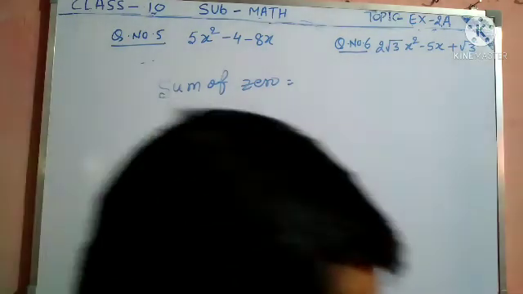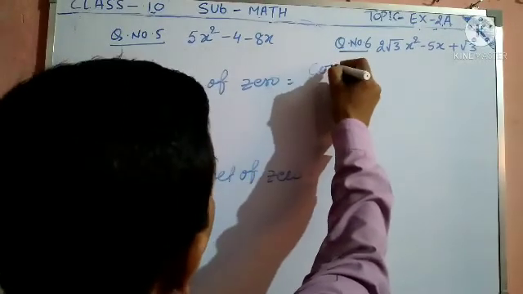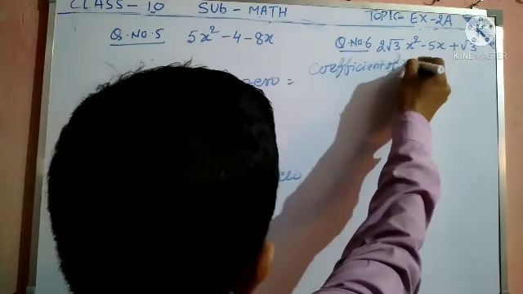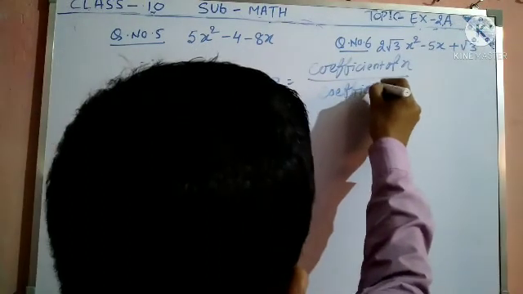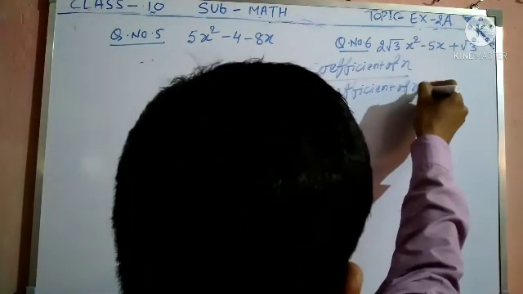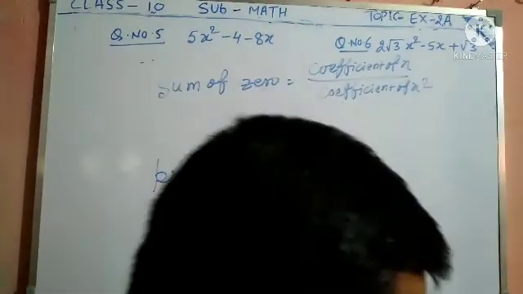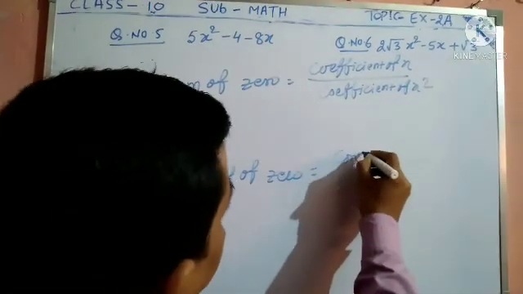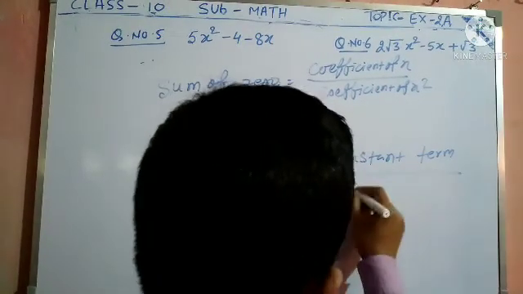The sum of zeros is minus the coefficient of x divided by the coefficient of x square, and the product of zeros is the constant term divided by the coefficient of x square.